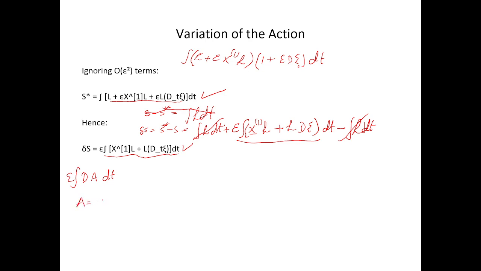It is equal to epsilon integral of X1 L plus L d xi over dt, and dt. Now comparing these two, the epsilon will cancel with the epsilon, integral with the integral, or in other words we have to write in one integral.